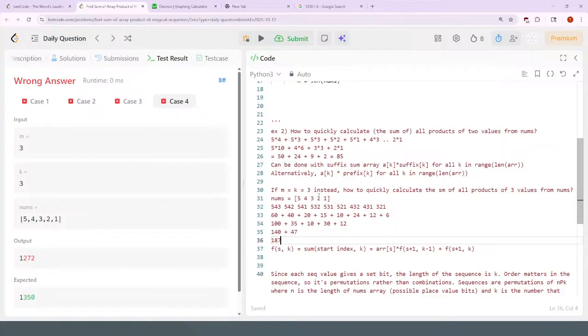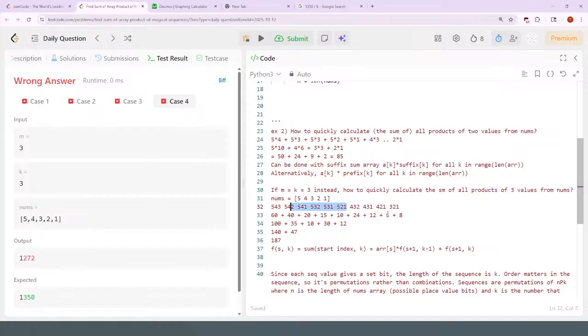4, 3, 2, 4, 3, 1. I'm missing the 4, 2, 1. That only gives me 8. 5, 4, 3, 5, 4, 2, 5, 4, 1, 5, 3, 2, 5, 3, 1, 5, 2, 1. I think that's right.